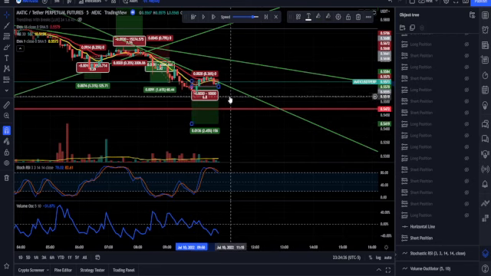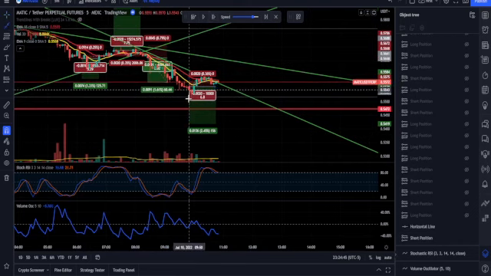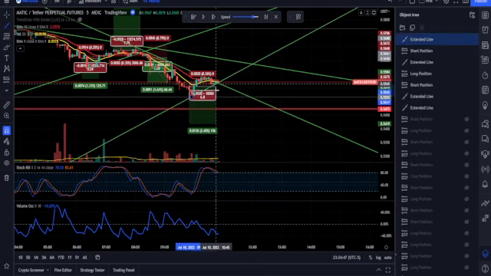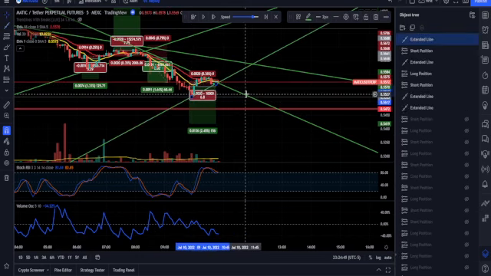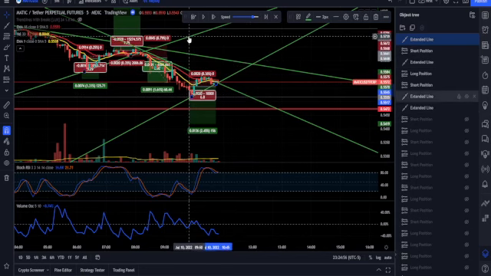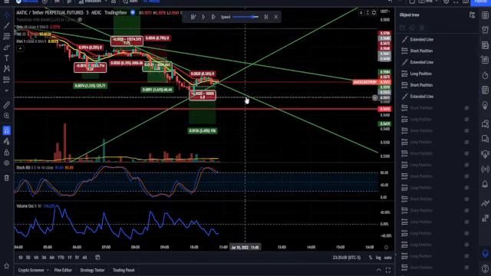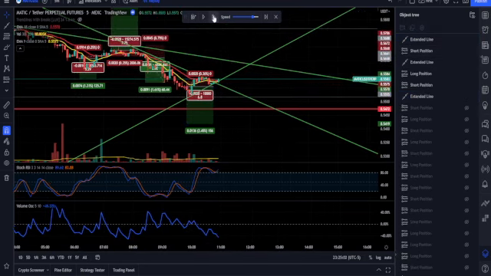Let's see here. And let's see. We can draw our trend line right here. We can get rid of... We're not going to get rid of this downtrend. We can get rid of this one. So there's that. And now we'll continue forward.